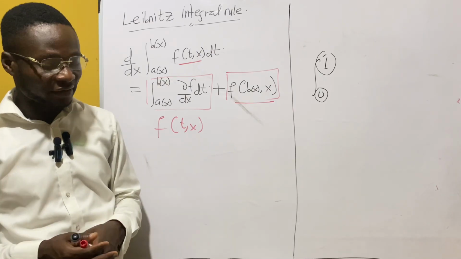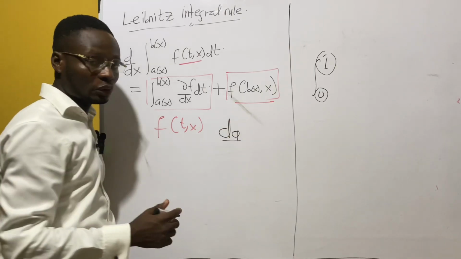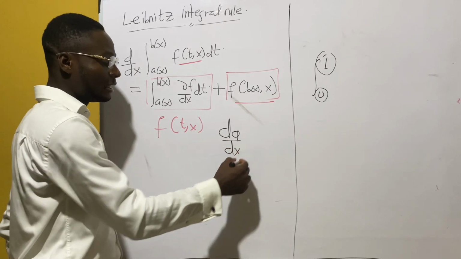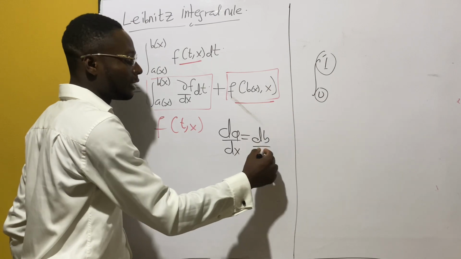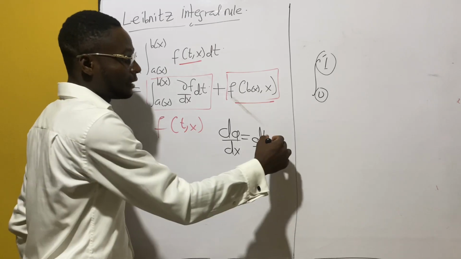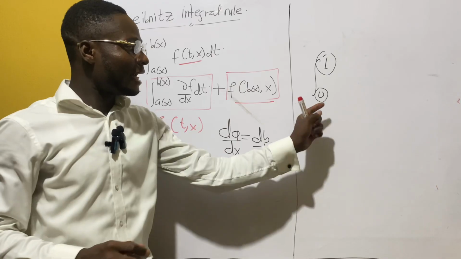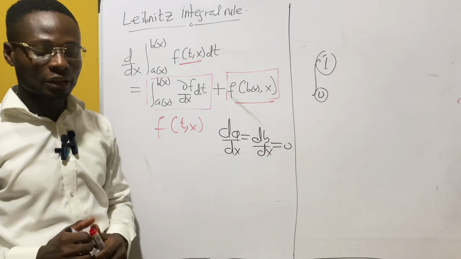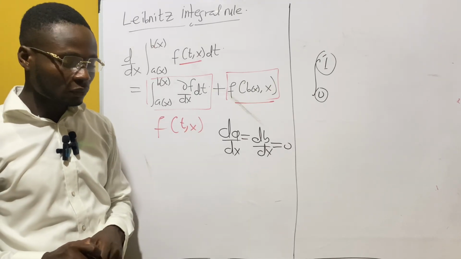So da over dx should be equal to db over dx, which should be equal to 0. When you have a constant limit, the derivative should be equal to 0, and that is the special case that I was talking about.